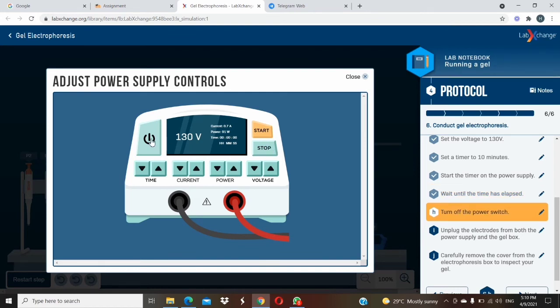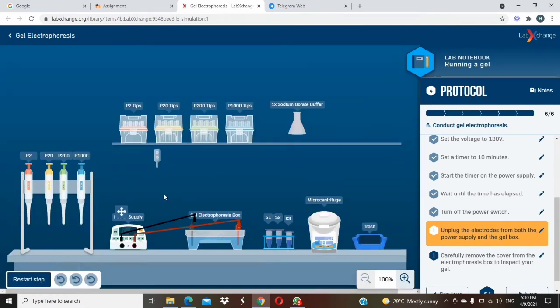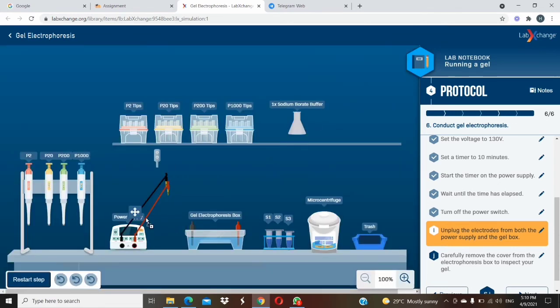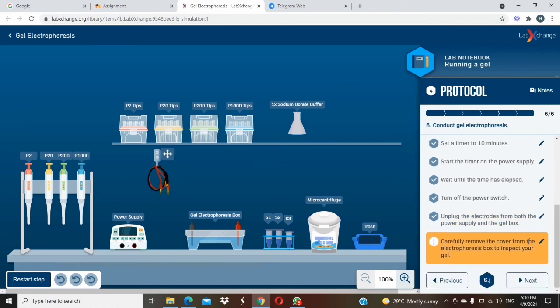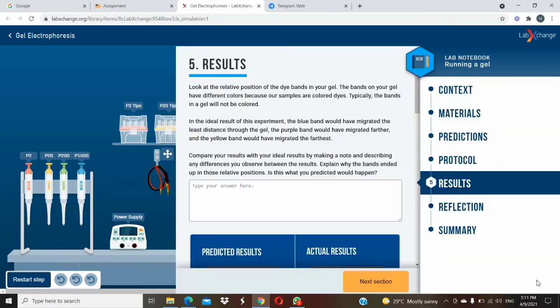Then turn off the switch and unplug the electrodes from the gel electrophoresis and the power supply. Then carefully remove the cover from the gel electrophoresis box to reveal your gel.